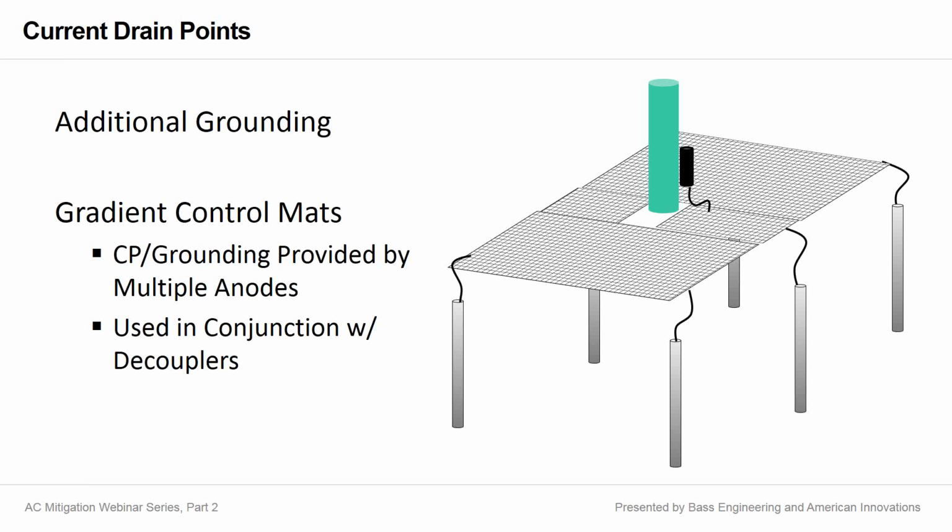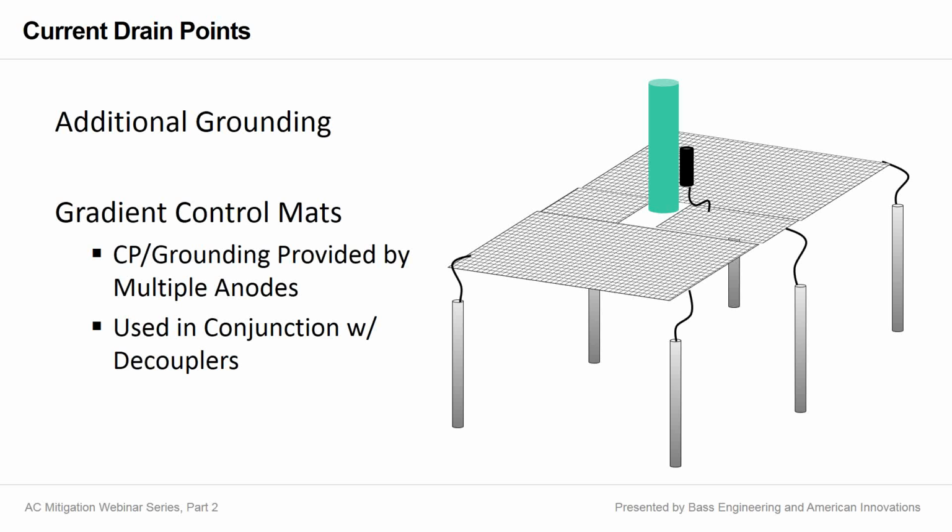They'll be electrically connected to your pipeline for purposes of AC mitigation. So please don't forget that you will need to provide a separate cathodic protection system for those gradient control mats.